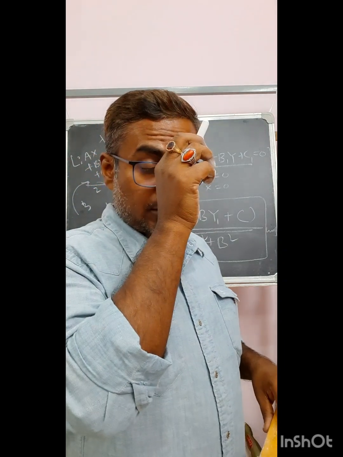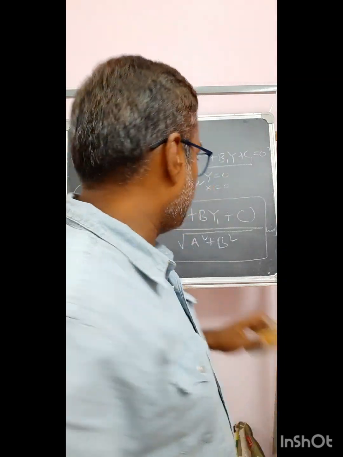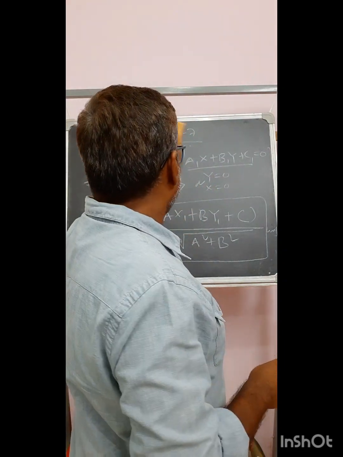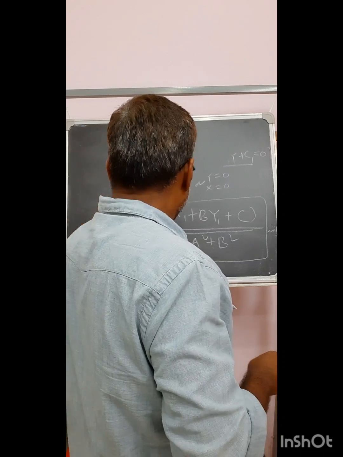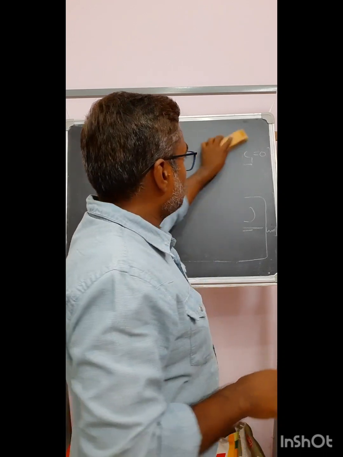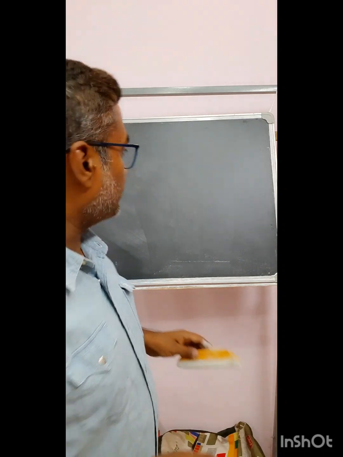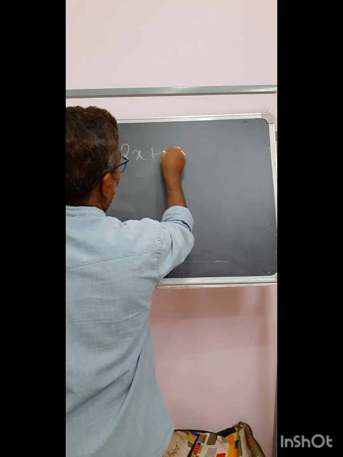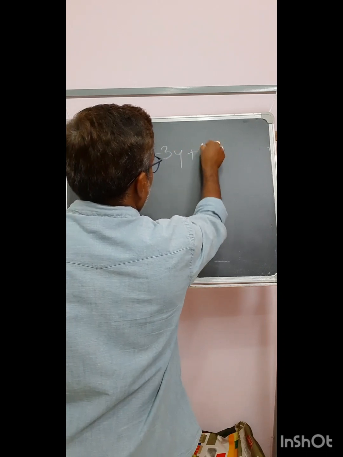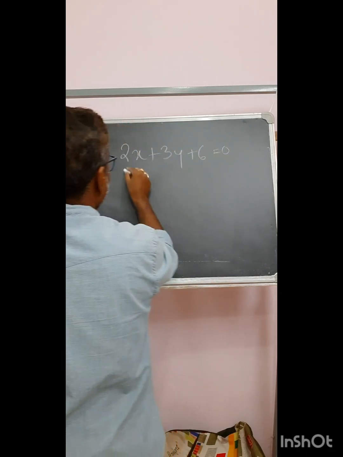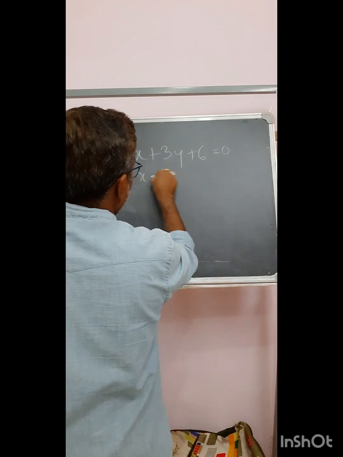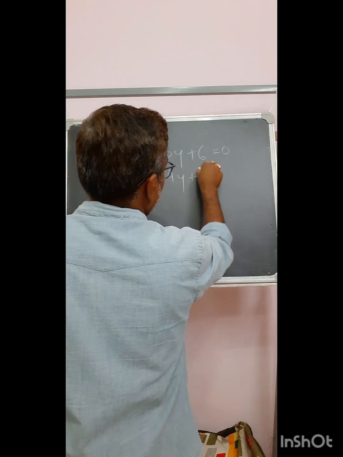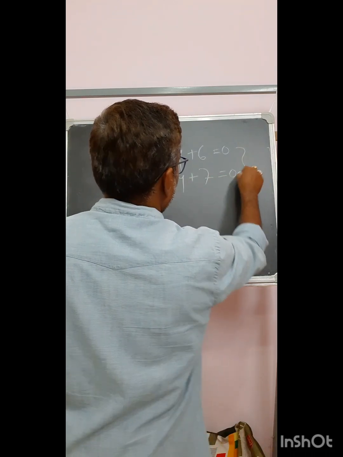Just try some problems at home, and the idea will become clearer once you practice. For you, I am leaving some examples. Let's say two lines are given like that. Now you need to find the distance between these two lines. So you try it at home.